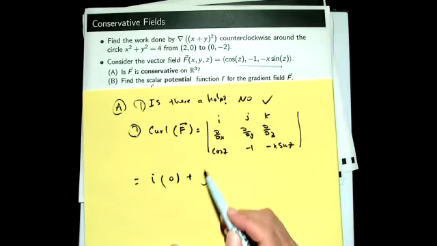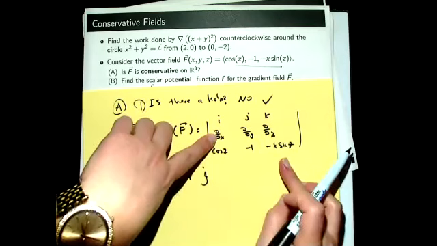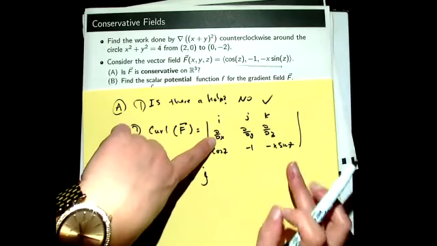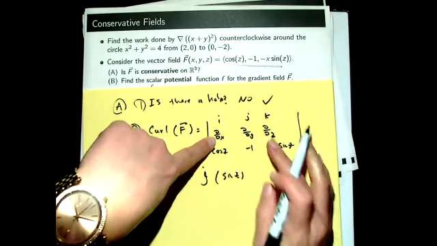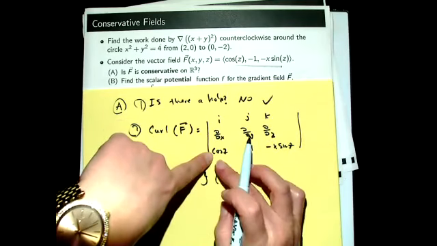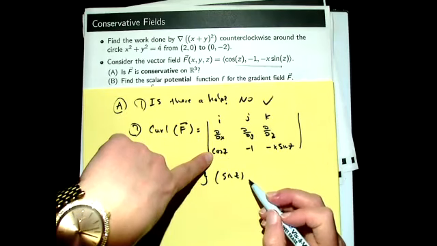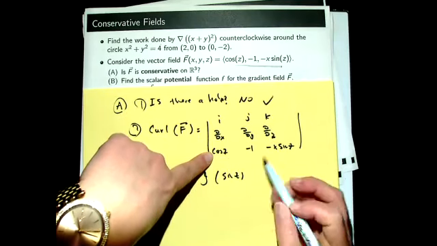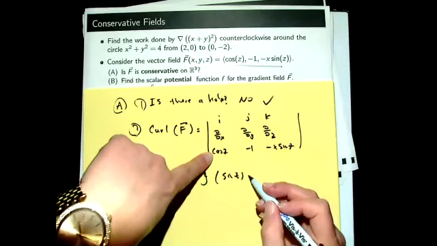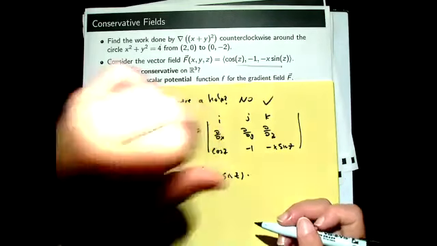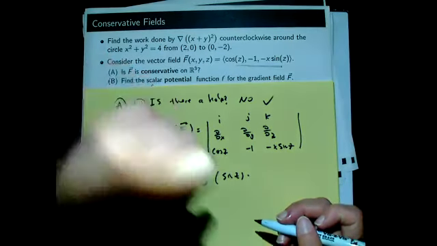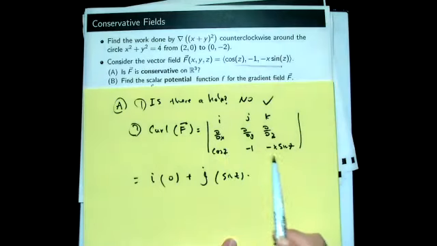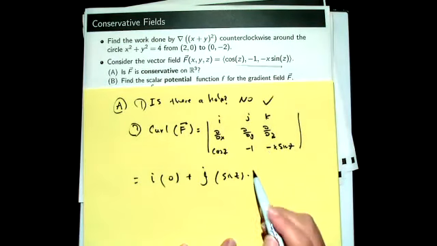Then j is going to be negative of that, which is going to be positive sine of z. Hold on, that was the negative. A negative sign comes in, and that's right.